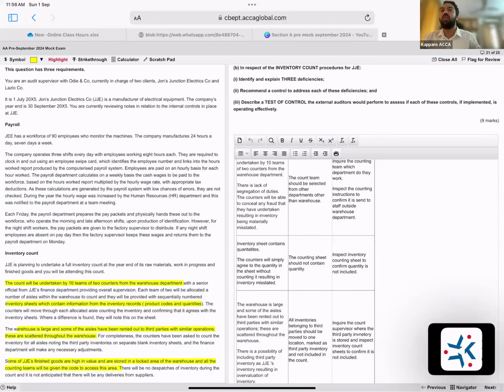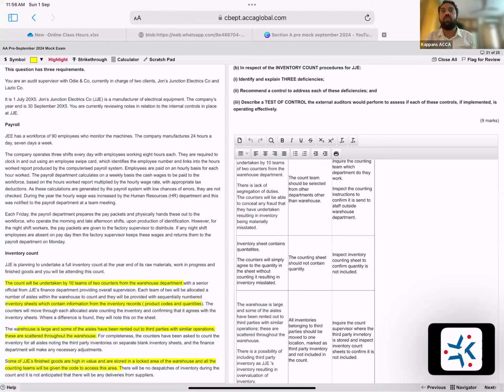Remember, test of control is an audit procedure, and every audit procedure should contain an audit procedure, a documentary evidence, which document are you verifying or which ledger are you verifying, and most importantly, why you are verifying this particular document should be mentioned. So select the deficiency that you can structure properly.